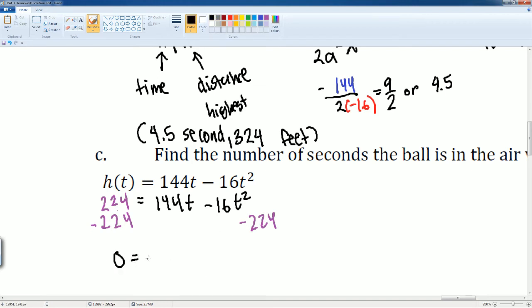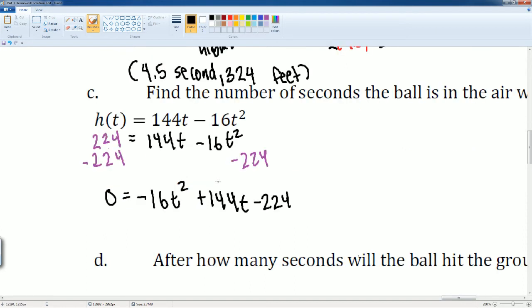Let's write this in standard form: negative 16t squared plus 144t minus 224. Okay? To do this, you need to use the quadratic equation. So a equals negative 16, b equals 144, and c is equal to negative 224. You would have to use the quadratic equation there.